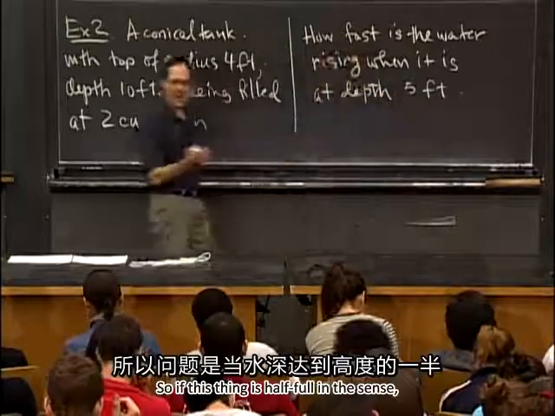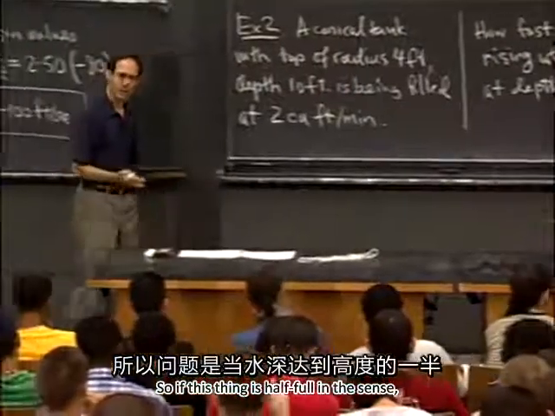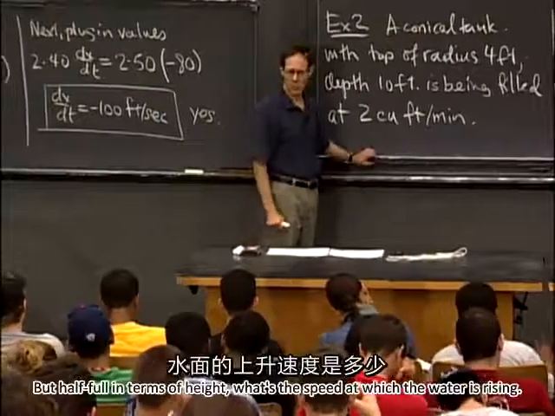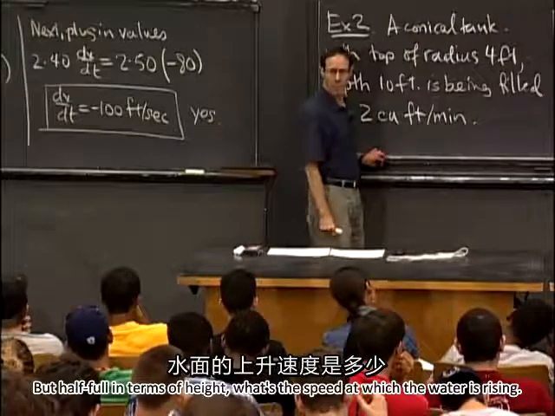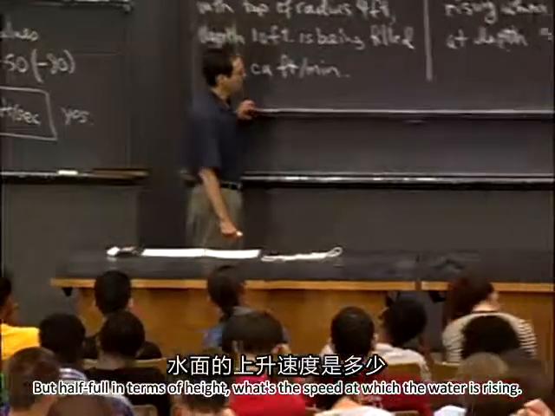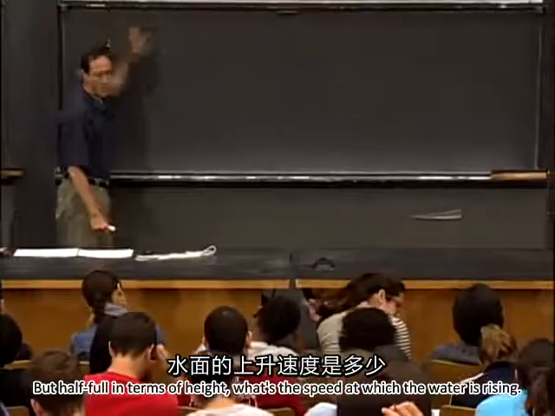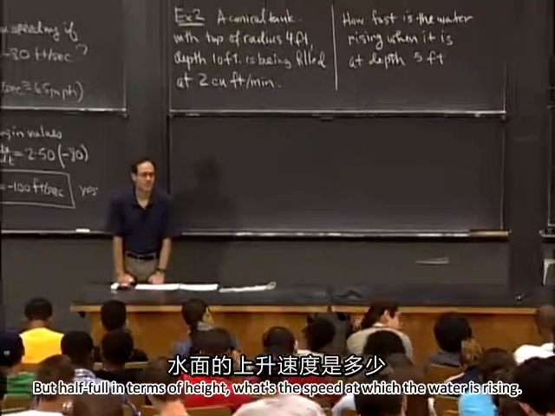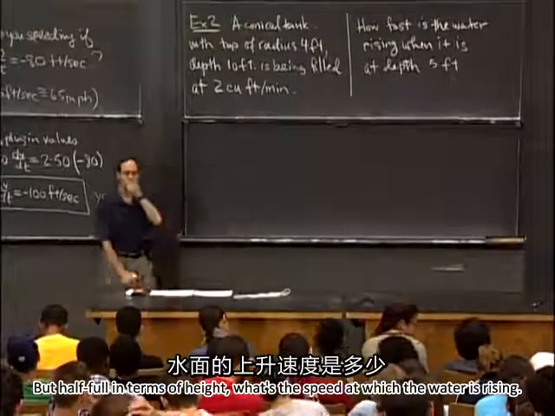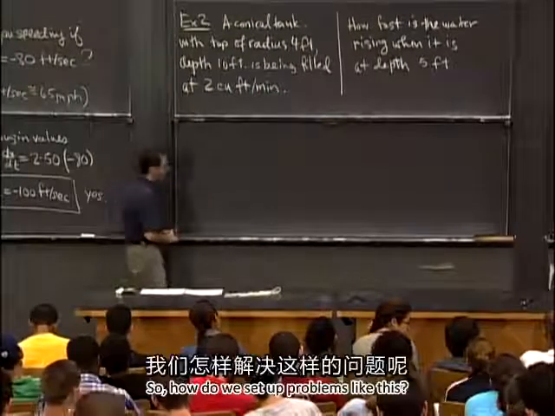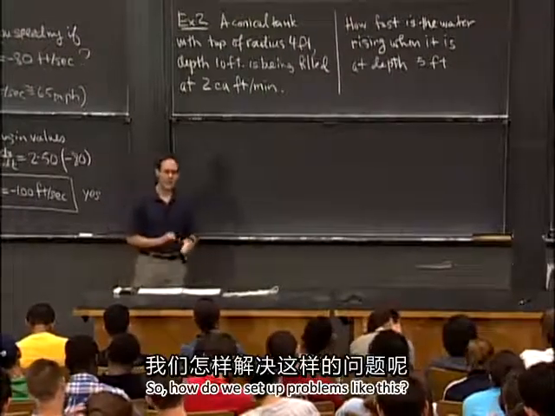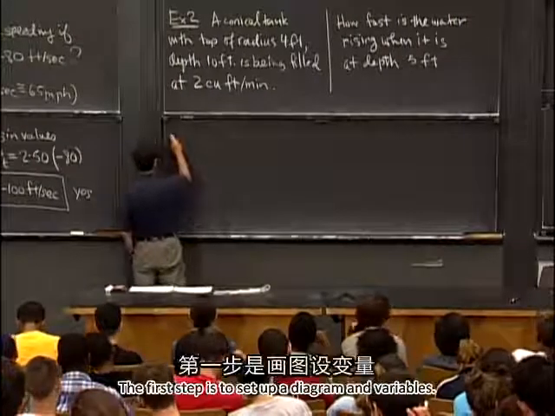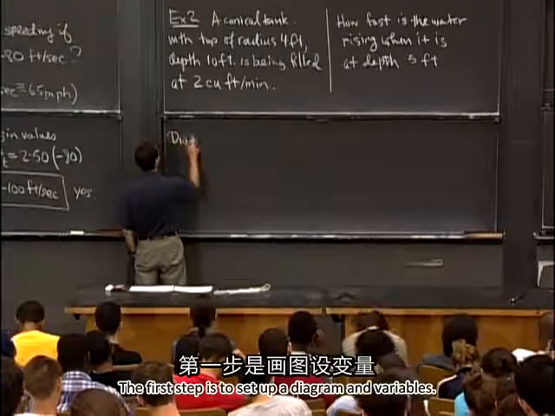So if this thing is half full, in the sense, well, not half full in terms of total volume, but half full in terms of height, what's the speed at which the water is rising? Okay, so how do we set up problems like this? Well, we talked about this last time. The first step is to set up a diagram and variables.